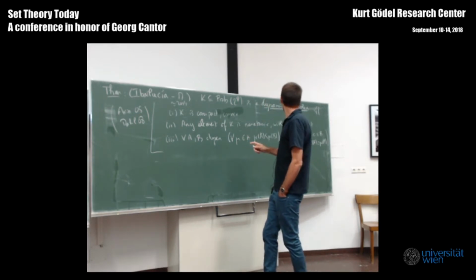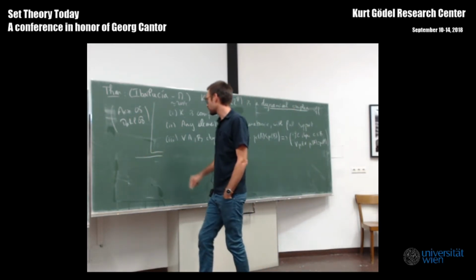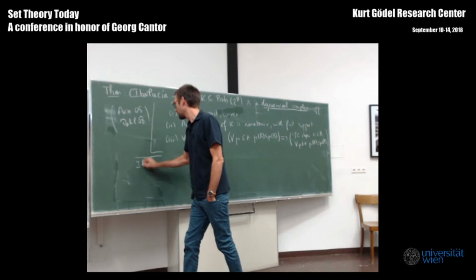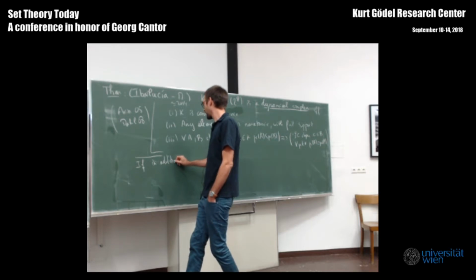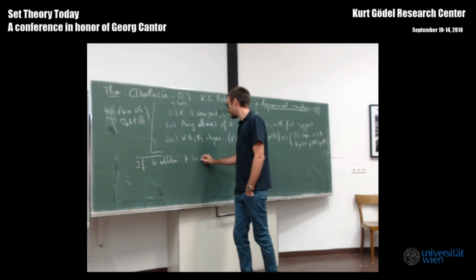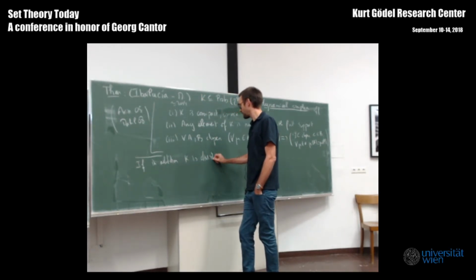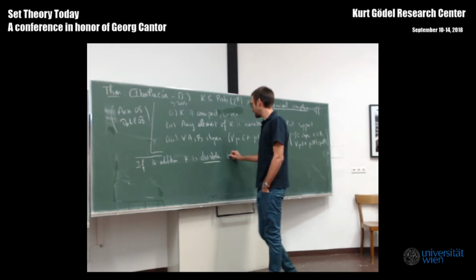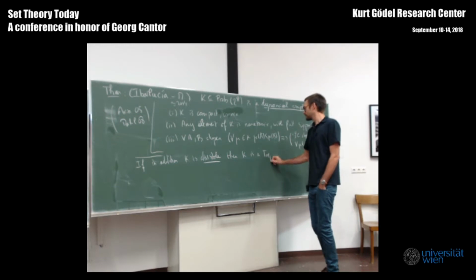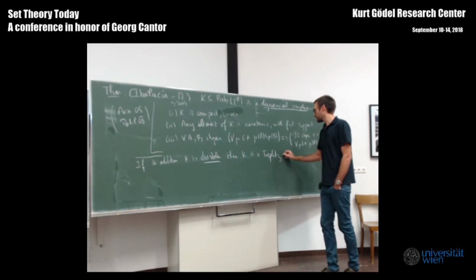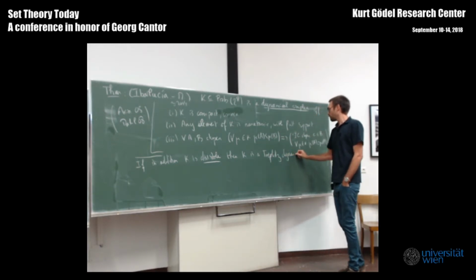Okay, and now because I spoke about Toeplitz shifts, this is a new result. If in addition K is divisible, and we'll say what that is in a moment, then K is what I will just call a Toeplitz dynamical simplex. What does that mean?